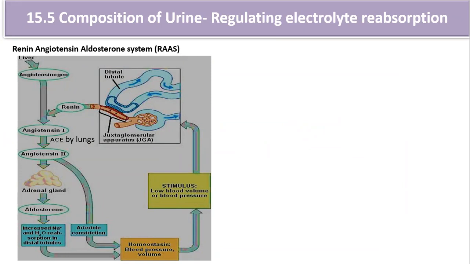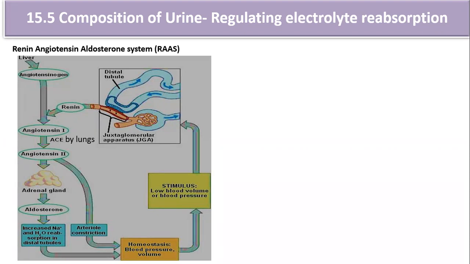That mechanism is controlled with the help of the juxtaglomerular apparatus, which we have already discussed. Whenever the blood supply to the efferent arteriole decreases, whenever there is low blood pressure, low salt, or whenever you are going to suffer from dehydration.